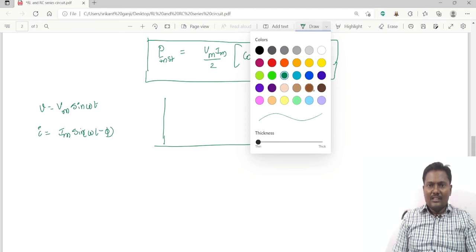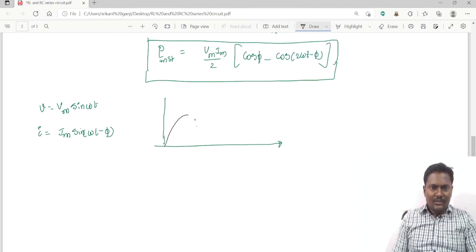of voltage and current, this is the voltage waveform, with 0, pi by 2, pi, 3 pi by 2 and 2 pi.